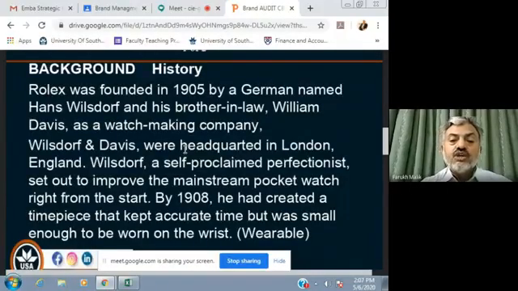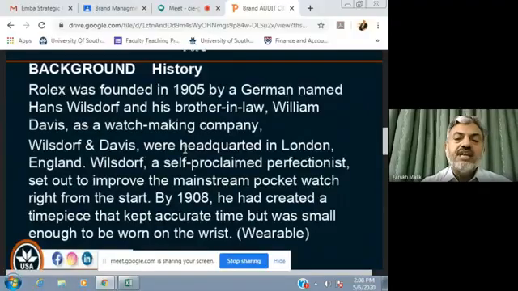So what he tried to do was start on a timepiece and keep making it as accurate as possible. There were some inefficiencies because all the parts were mechanical. So he tried to make that timepiece as accurate as possible.